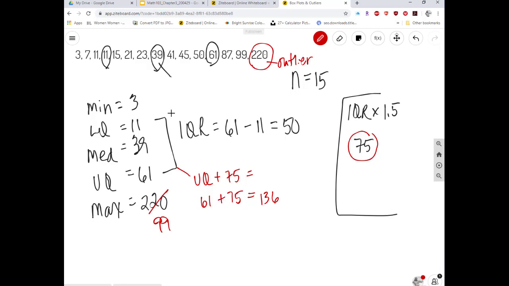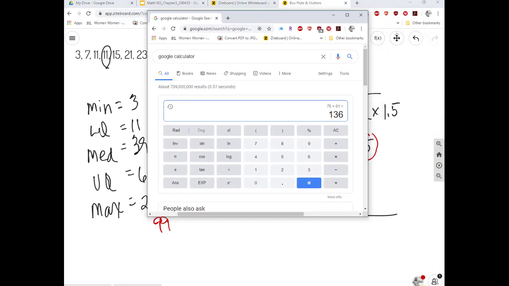Same thing's going to happen down here. If I subtract 75 from 11, anything less than that is going to be an outlier. Well, if I subtract 75 from 11, I'm going to end up with a negative number, right? Let's clear this out. 11 minus 75 equals negative 64.